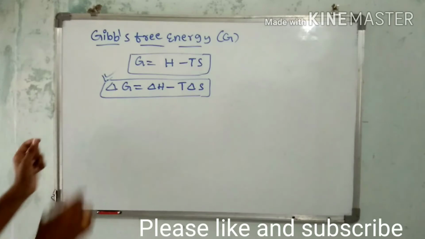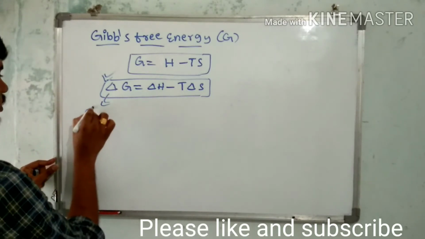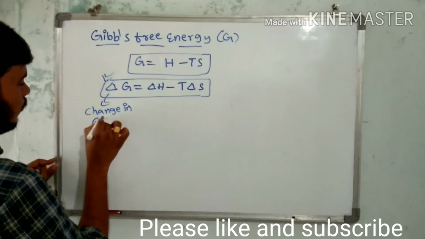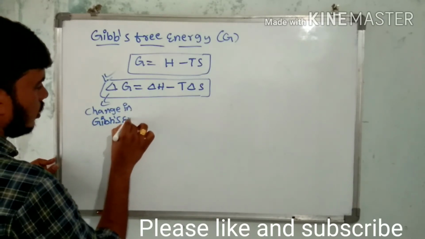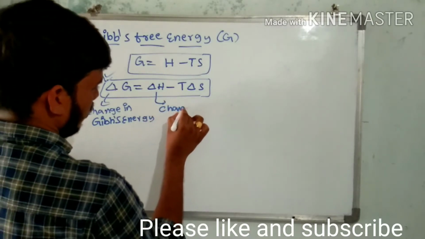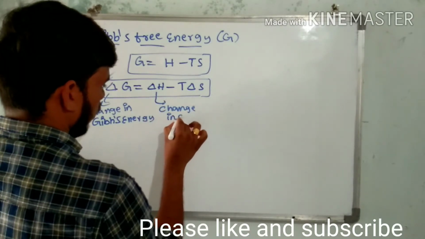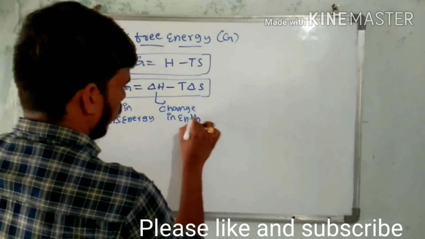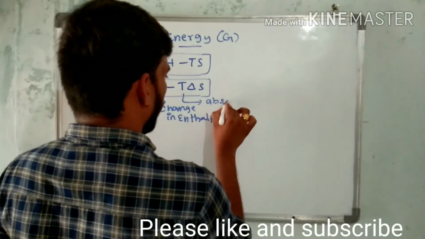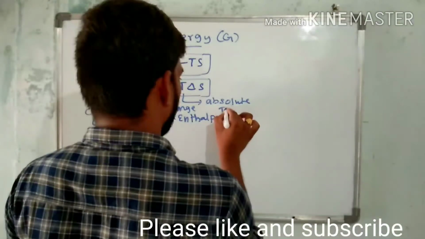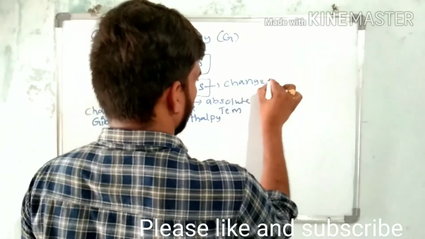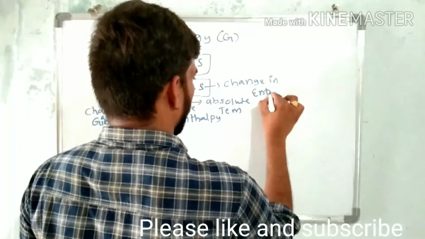Delta G is called the change in Gibbs free energy, delta H is the change in enthalpy, T is the absolute temperature, and delta S is the change in entropy.